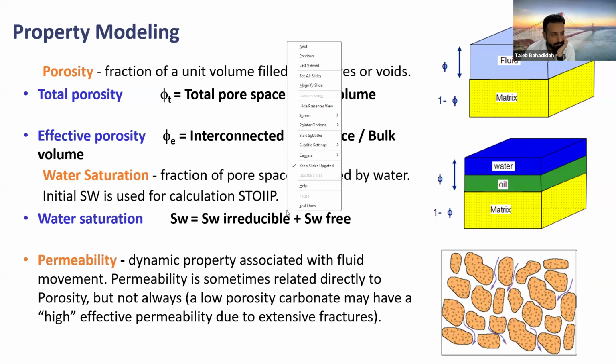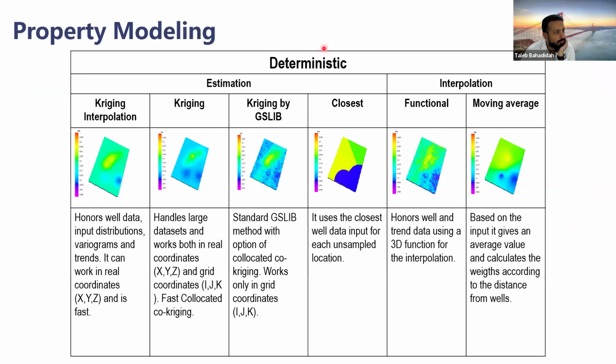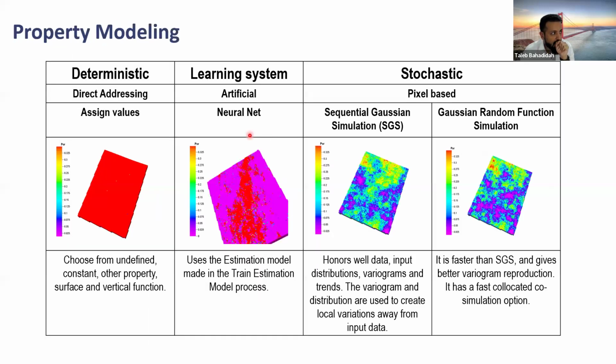So similarly, we have methods of modeling. We have deterministic, we have kriging, we have different types of kriging here. We have interpolation also, moving average and functional. And we have deterministic, which is where you have an assigned value.